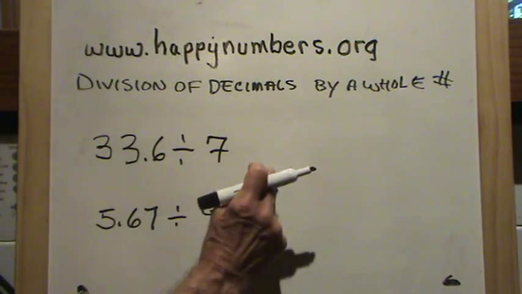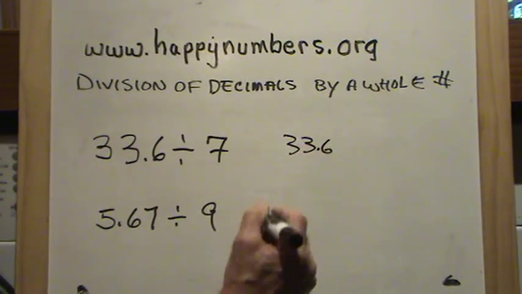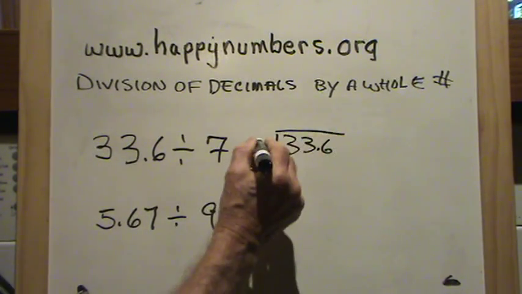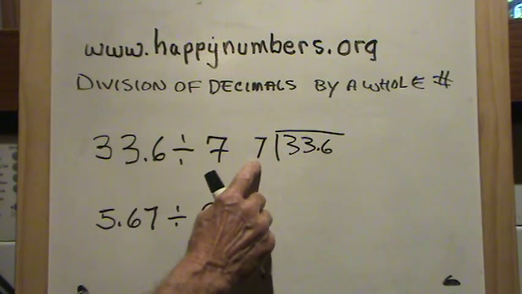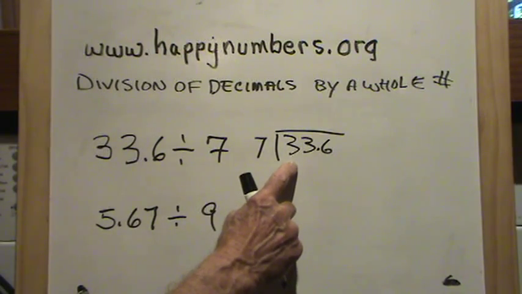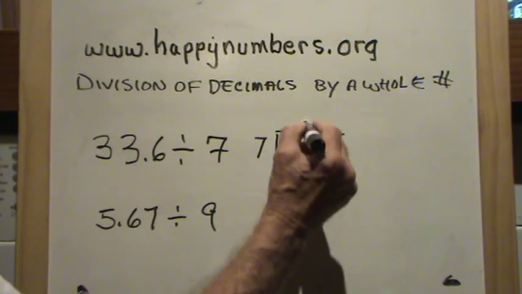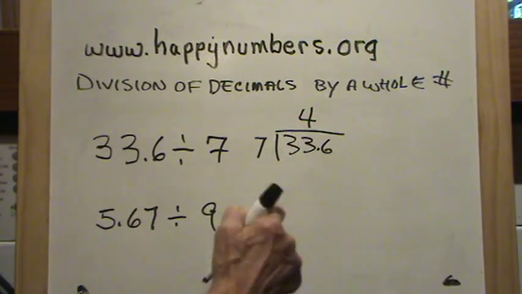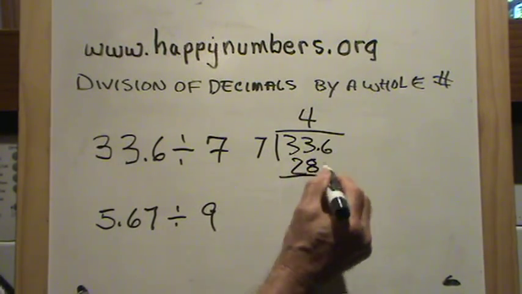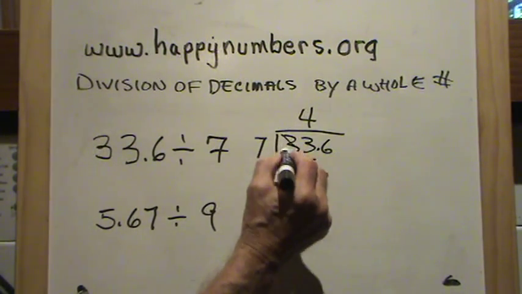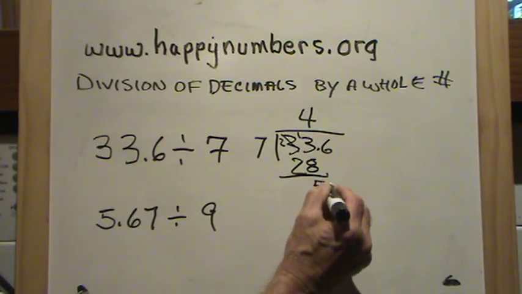Well, good. Let's take a look here. So 33 and 6/10 is being divided by the whole number 7. We do the division. 7 cannot go into 3. 7 can go into 33 4 times. 4 times 7 is 28. And we subtract. We have to borrow 1, so we have 13, take away 8 is 5.